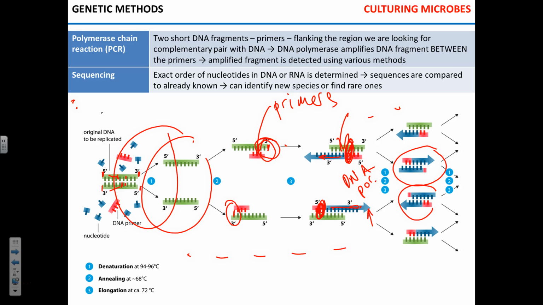This molecule right here, the newly synthesized one, will be complementary to the newly synthesized molecule right here. Does that make sense? They will be complementary. They will bind to each other. And they will self-restrict. So eventually, what you're going to have are fragments of DNA that are of exact length. And that length is defined by the places your primers bind to. Okay?